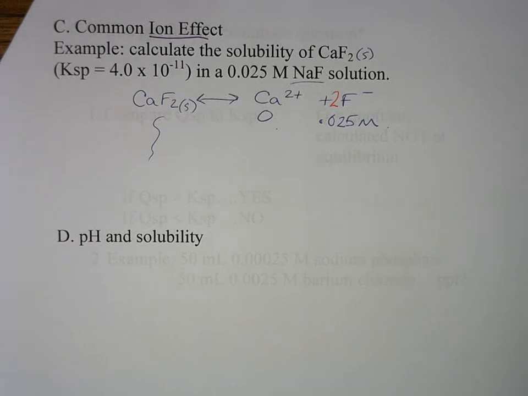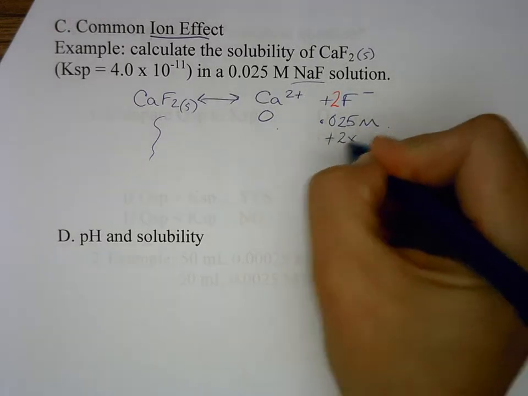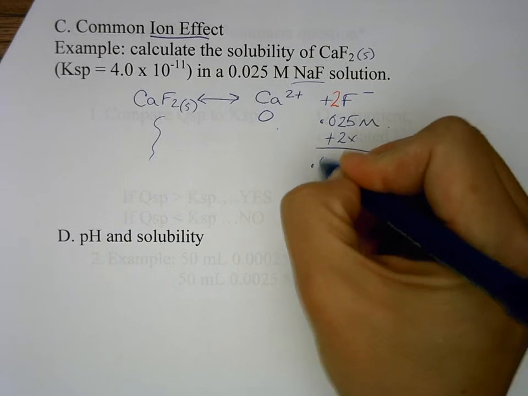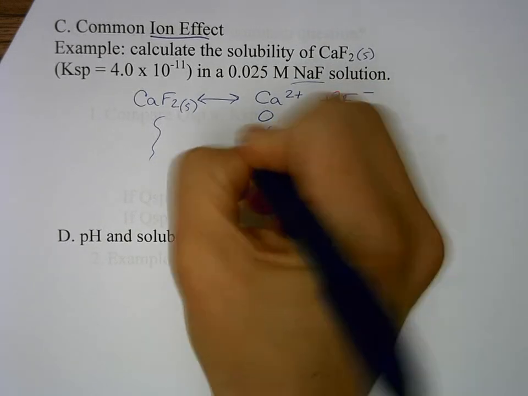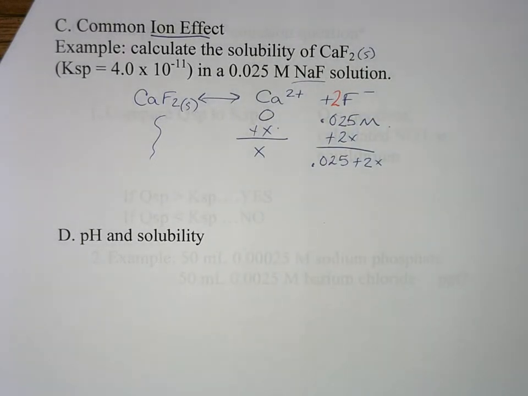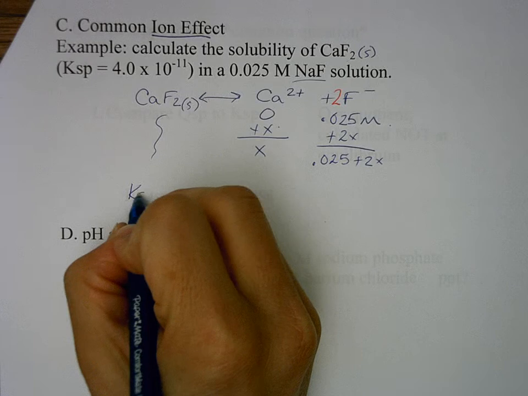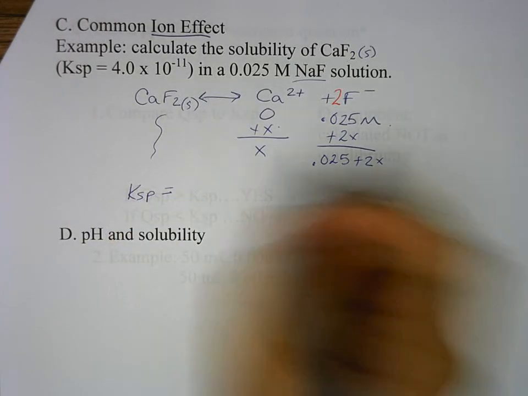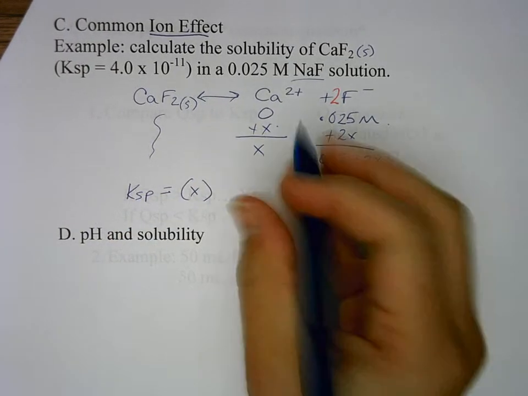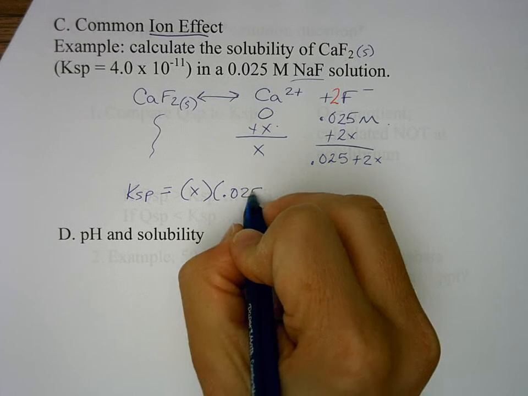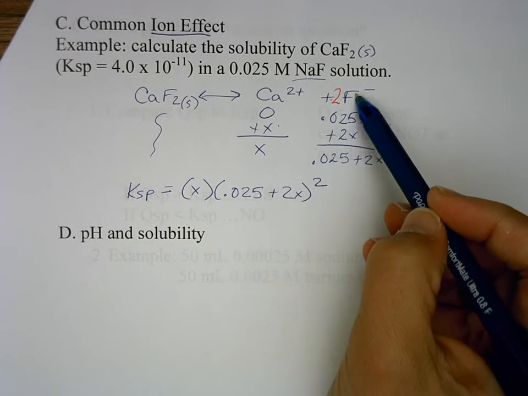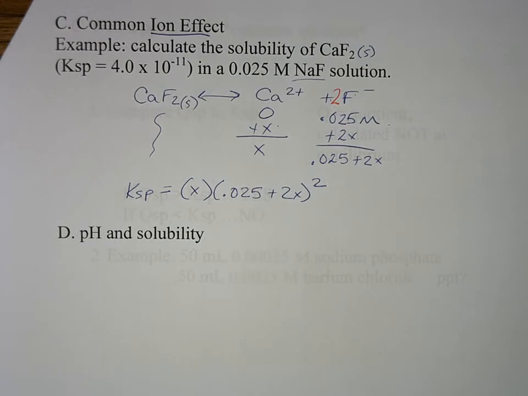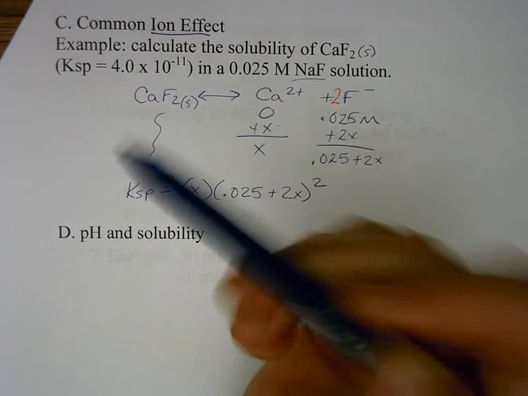It's up to you if you want to rewrite all of this, but there's one thing I need to point out. When I set up my KSP expression, KSP equals X times (0.025 plus 2X) squared, because I have 2 fluoride ions. They gave us KSP as 4 times 10 to the negative 11.